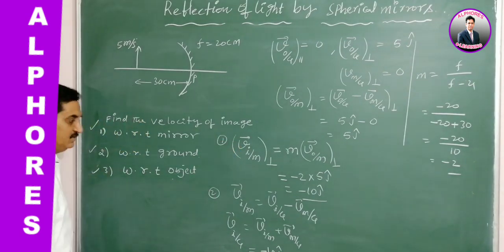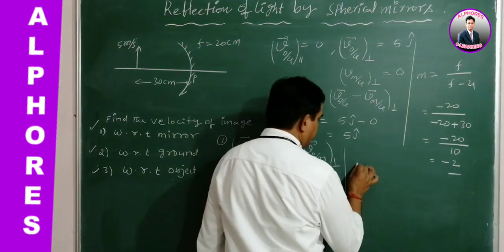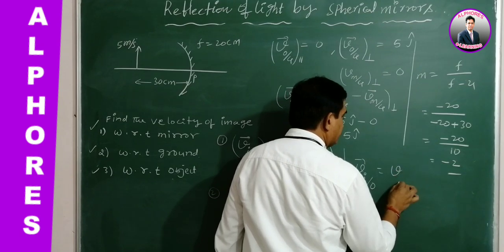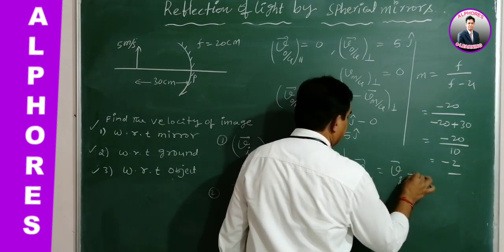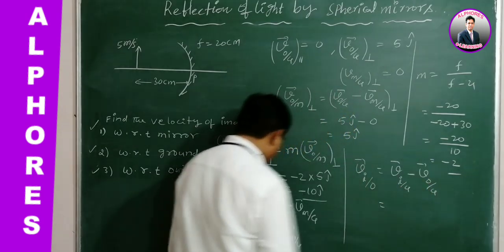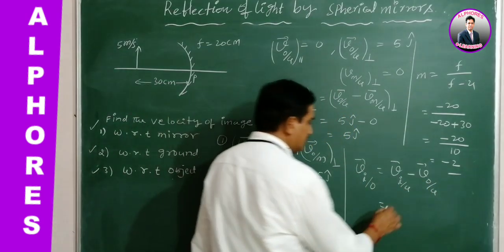Third question: velocity of image with respect to object equals velocity of image with ground minus velocity of object with ground. Here image with ground is how much? Minus 10j.